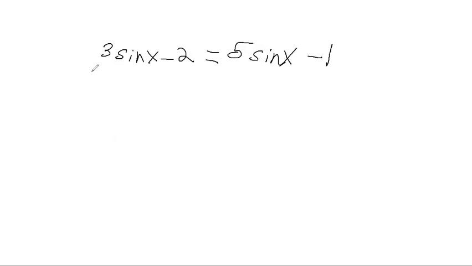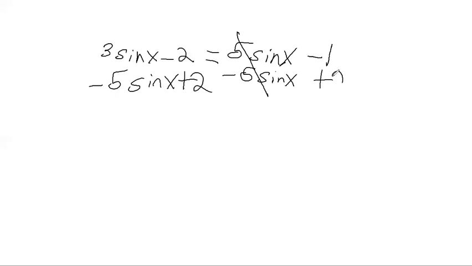Well, what I can do is subtract 5 sine of x from both sides. And then I want to get all the numerical terms on the other side, so I add 2 to both sides.